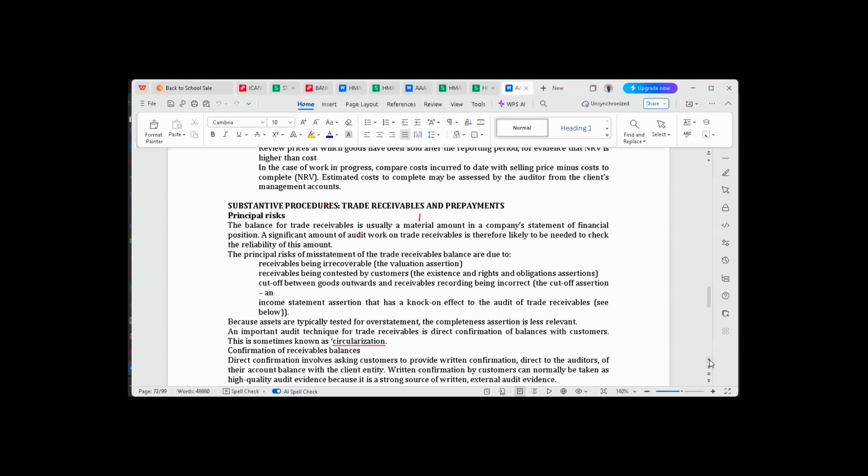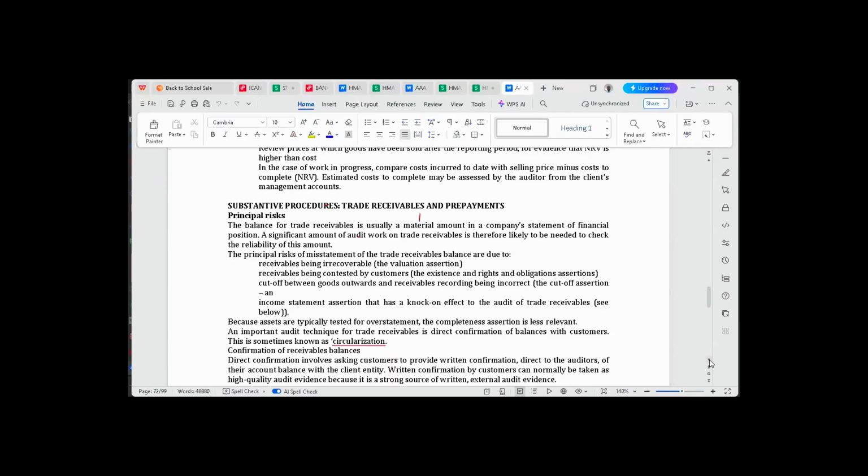How can he verify this? The way he can verify this is when he carries out what we know as debtor circularization. Now, I know what circularization means. That is another procedure whereby the auditor writes to the customers, okay, to provide the balances that they owe the client.